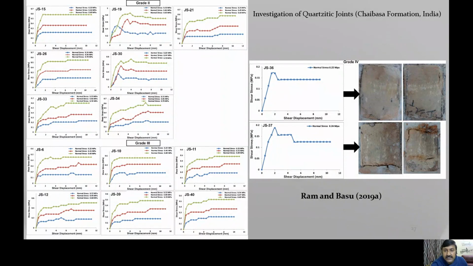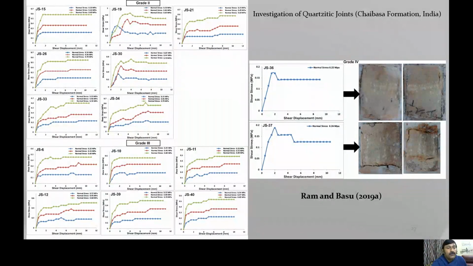As we investigate joint surfaces composed of grade 4 surface materials, we could not go for subsequent stages of shearing. We could only perform one shear test on these grade 4 surfaces, the reason being the specimen gets fractured after one test itself.